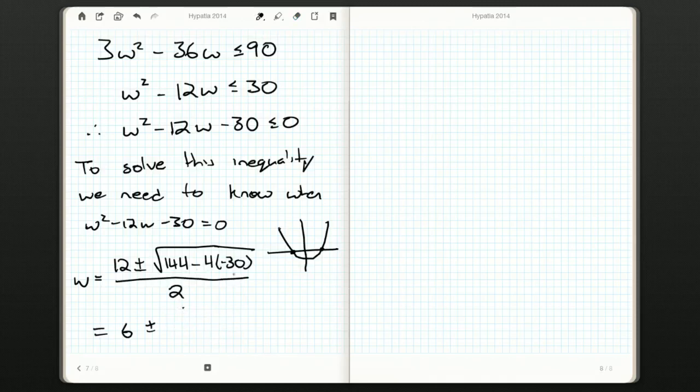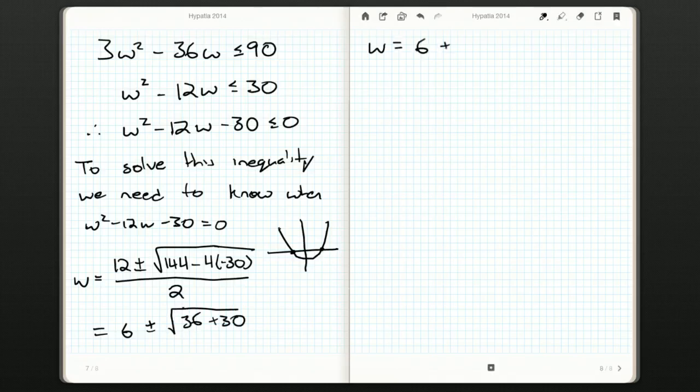Well, there's a factor of 4 here, a factor of 4 here. A factor of 4 inside the square root sign is going to mean a factor of 2 outside the square root sign. So 144 divided by 4 is 36, and it'll be plus 30. So 6 plus or minus the square root of 66.